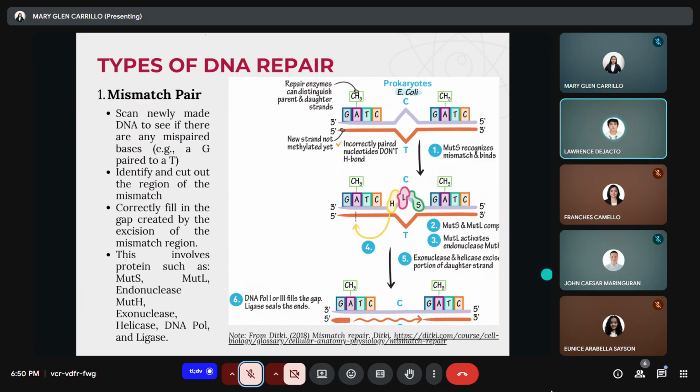So what are the steps or the mechanism of the mismatch repair? So first, MutS recognizes the mismatch and binds with it.